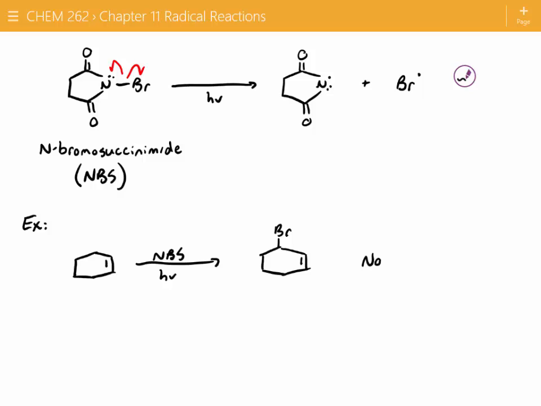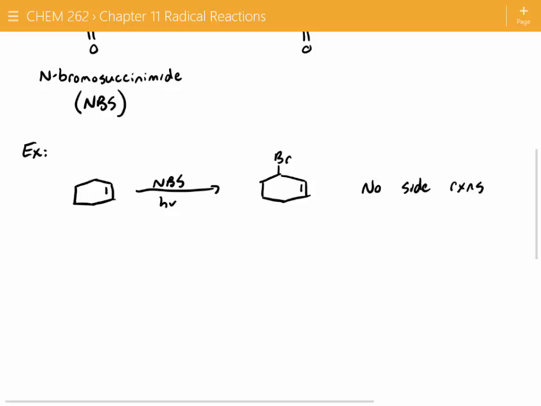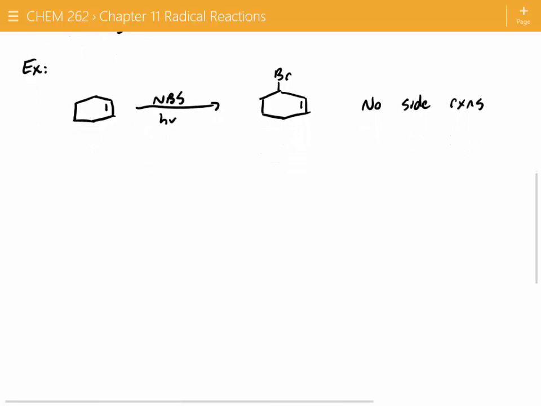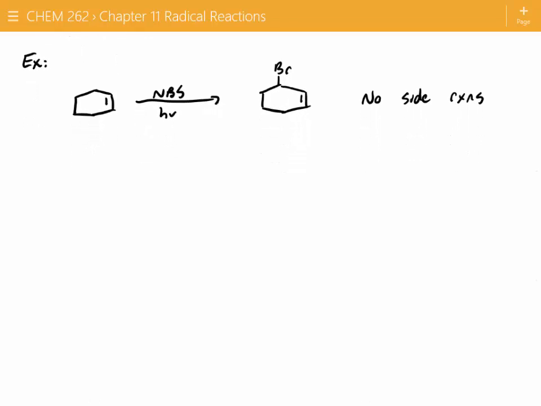We get no side reactions that we saw with using elemental bromine. So now we've got a really useful tool in order to start manipulating allylic positions on fairly complicated molecules. So let's take a couple more practice examples of this because I think it makes more sense when you see it through examples.